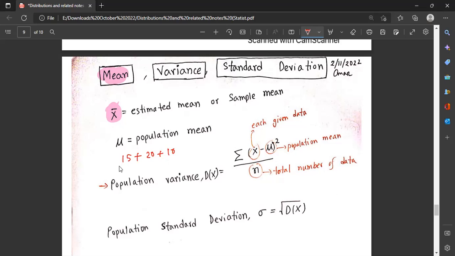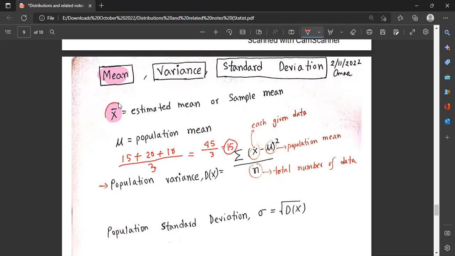We add them together and divide by the number of people, 3. So the mean is 45 by 3, which is 15. This is how we calculate the mean.